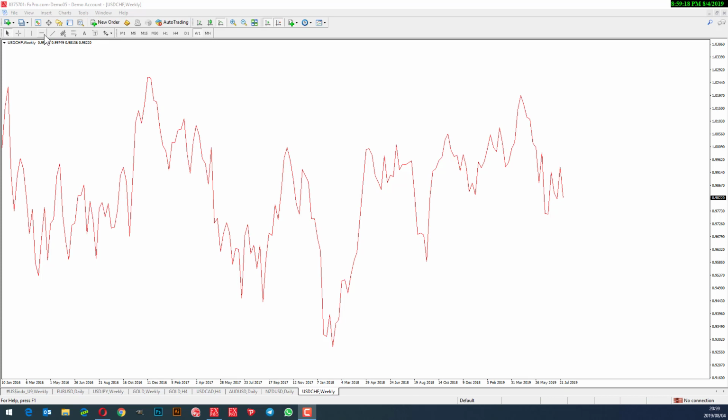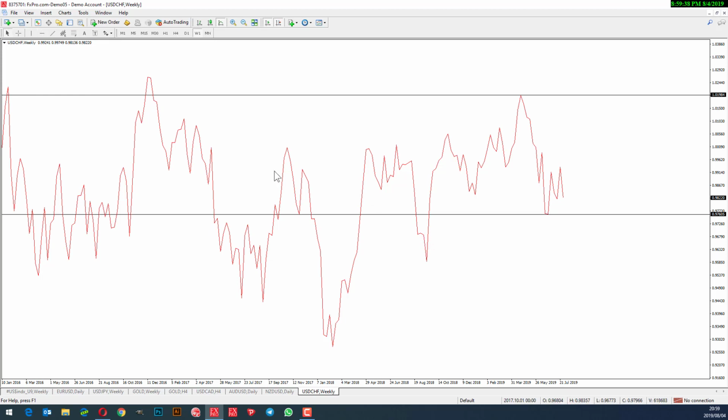I'm gonna go to my horizontal line 2, then I'm gonna highlight this high here. You see, I've highlighted that high. You can even see now, if you look to the left, the line crosses this high, then we've got another high there. Then I'm gonna come to the low side, I'm gonna highlight that low.